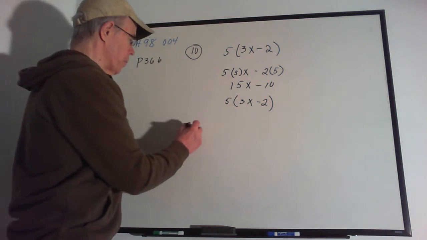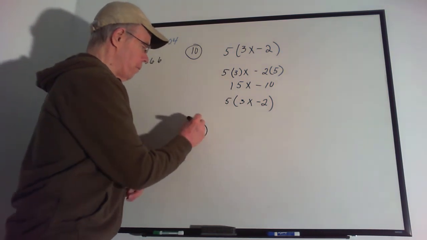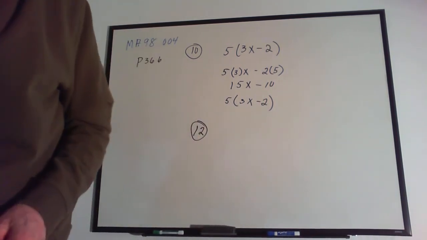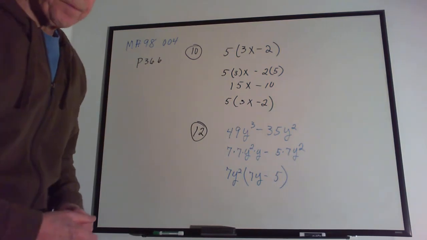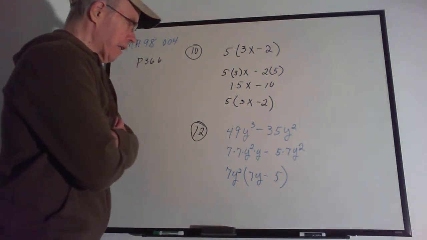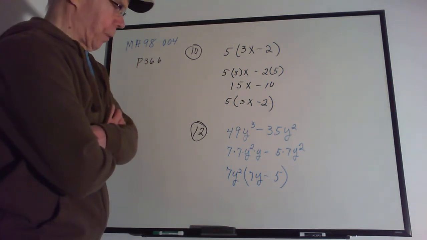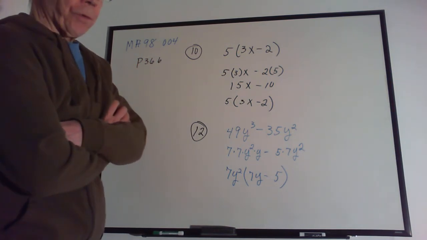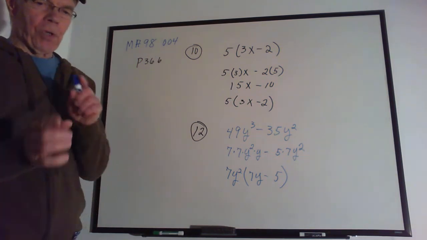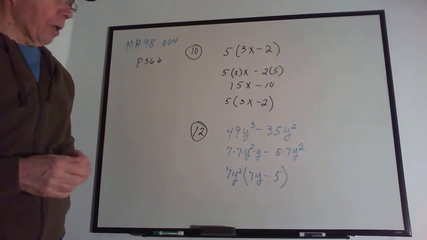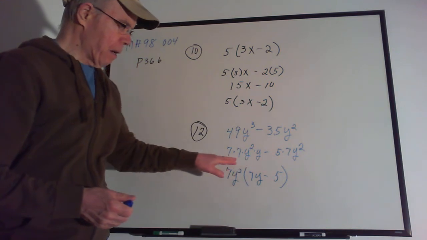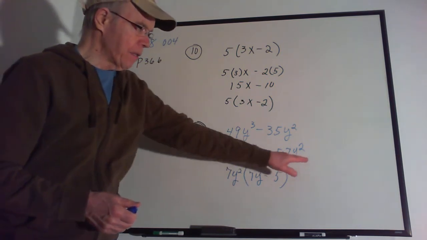Try problem number 12. All right, for number 12, I get 49y cubed minus 35y squared. I break it up into its factors. Remember, a factor is something you multiply together. So I'm looking for factors that appear in this term and in this term.